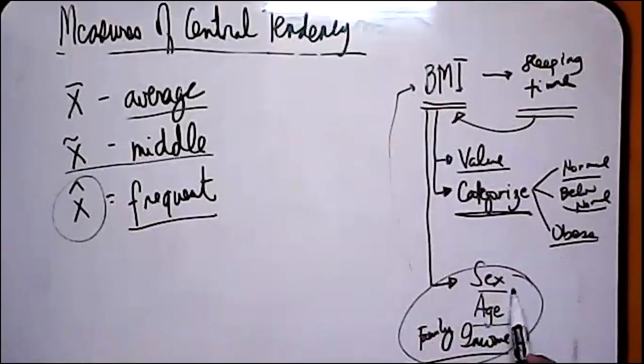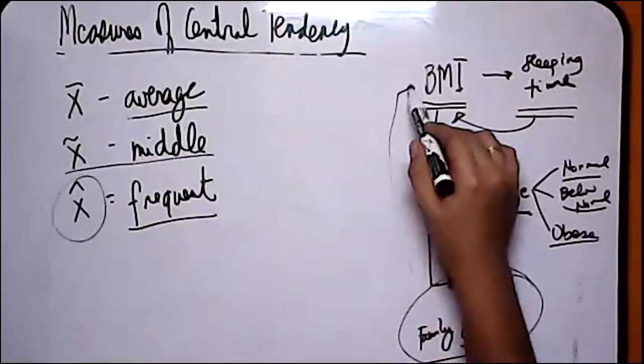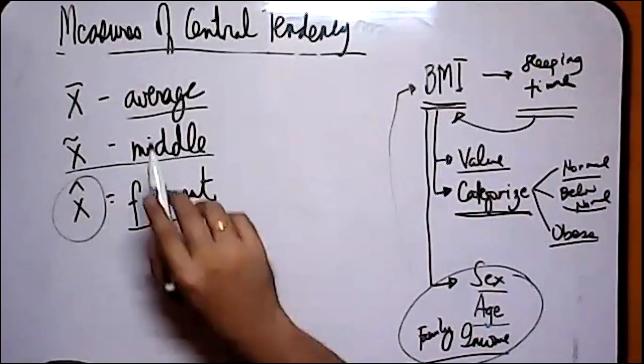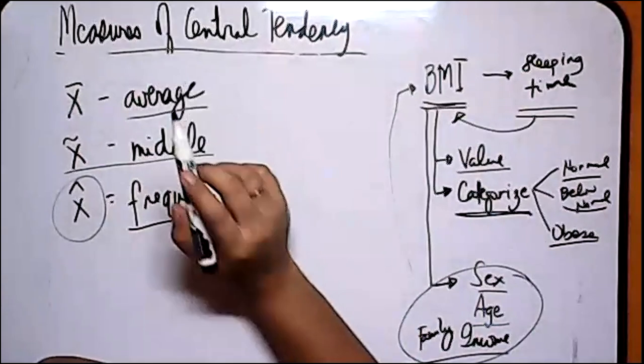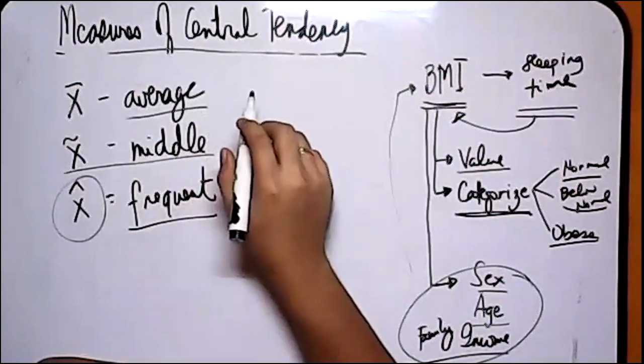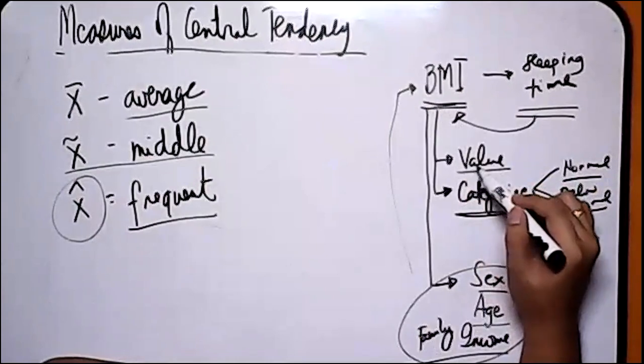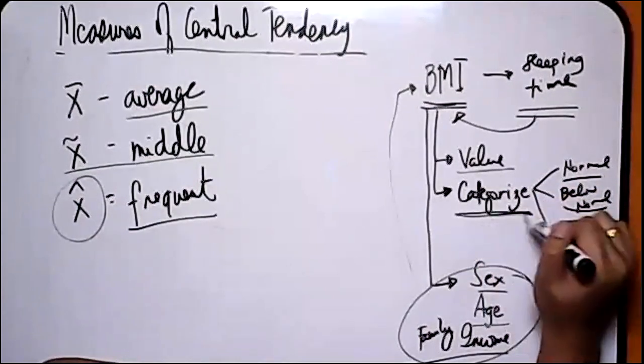So meron bang relasyon ng sex, ang age, ang family income sa BMI ng aking mga estudyante? Now, sabi ko nga, measures of central tendency would describe the variable. So I have here my variables, BMI described by a value or a category.